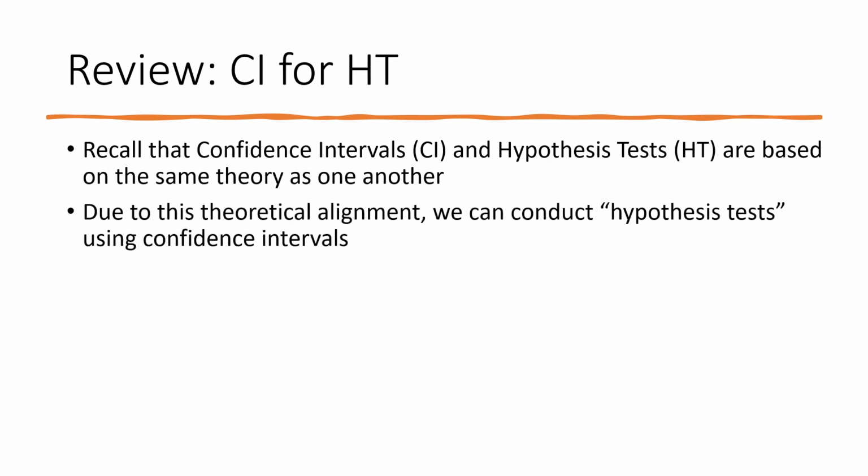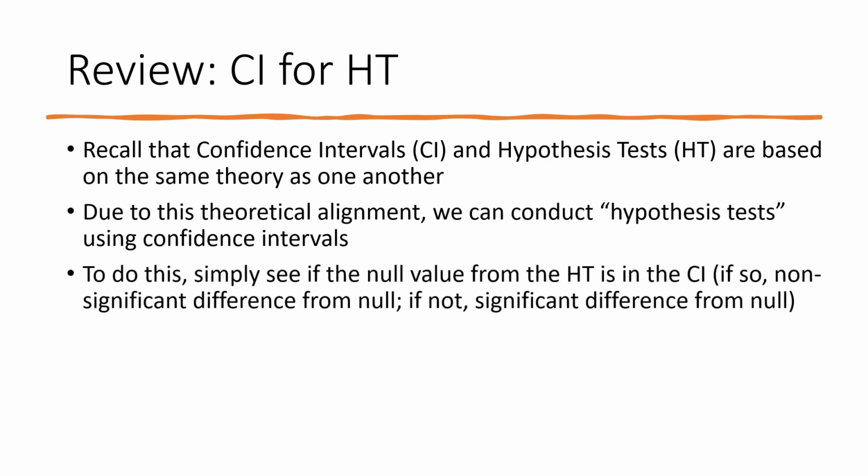Because of this theoretical alignment, we can actually use confidence intervals for hypothesis testing because, again, it's the same numbers, just rearranged a little bit. To do this, we simply check if the null hypothesis value from the hypothesis test is in the interval expressed in the confidence interval.